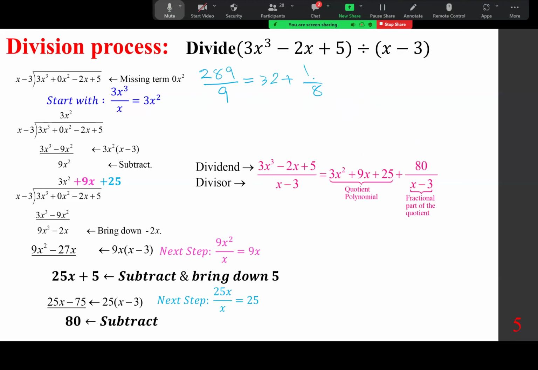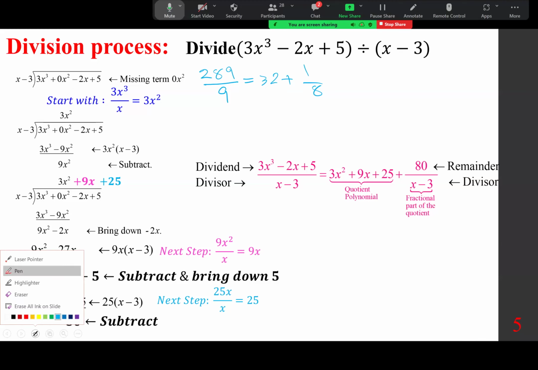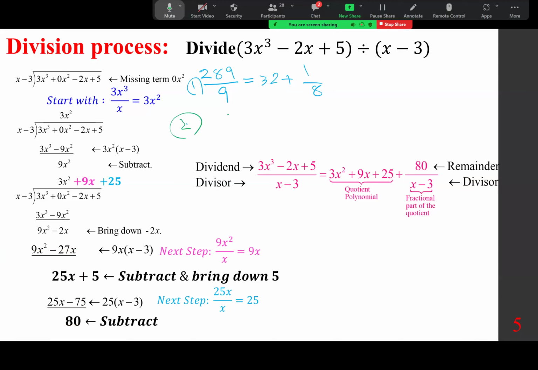Dividend, divisor, remainder, divisor. Also, second method, let's use a different color. So I'm going to call it number 1. And now number 2, I can write it as follows. 289 is the product of the divisor and the quotient plus the remainder.